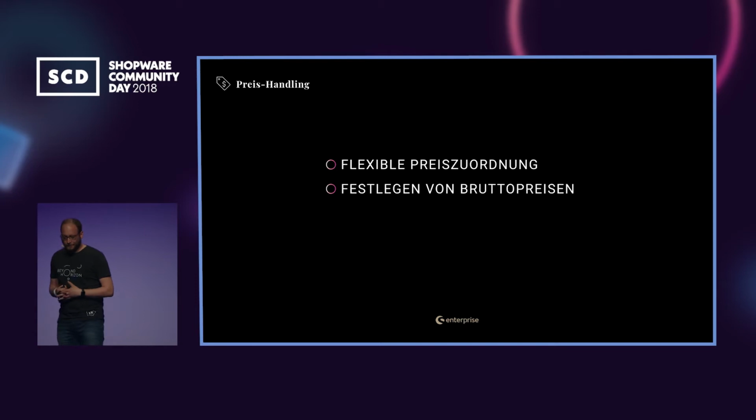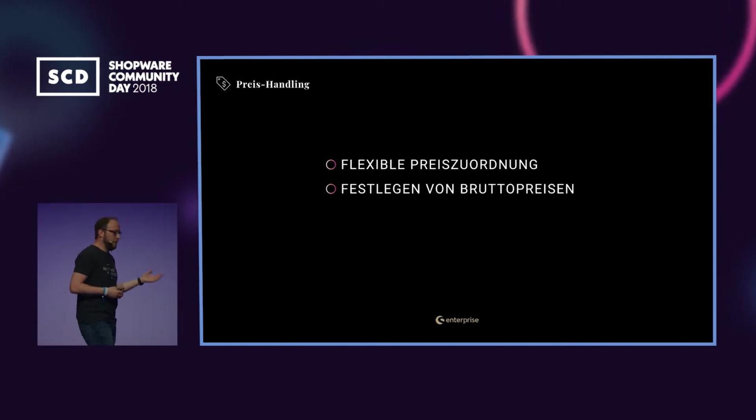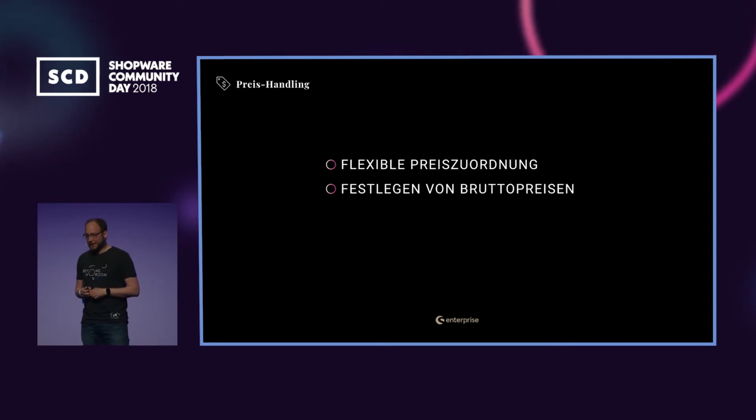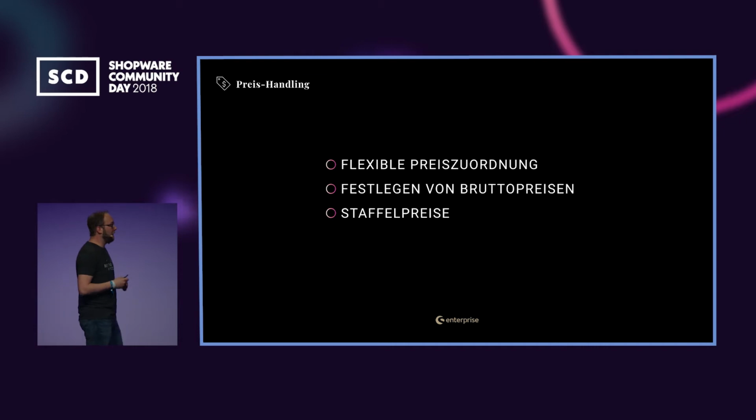Apart from that, you can also fix gross prices. A standard shop in Shopware has gross prices in the database. If you sell to a different country with other tax rates, and that needs to be changed. And here you can say, hey, the end price for the customer, $19.95, is for Germany, but it is the same price if somebody buys it in Austria.